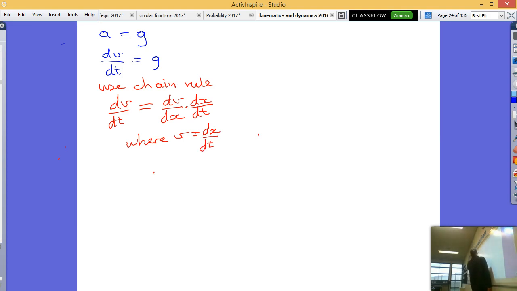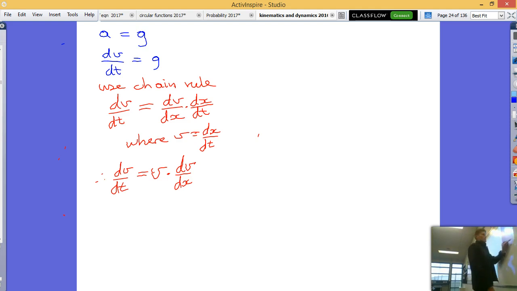And so our dv/dt really is now a velocity multiplied by dv/dx. The change in velocity with respect to position. Okay?